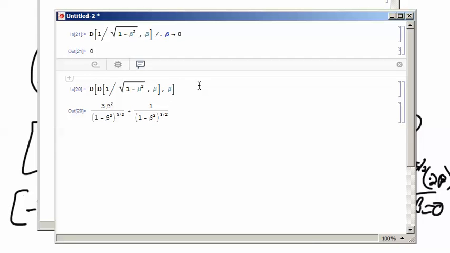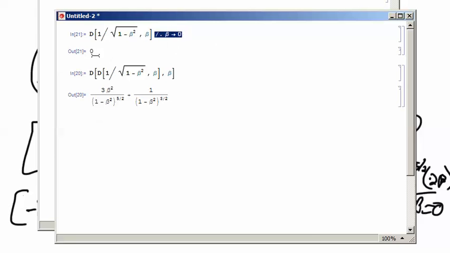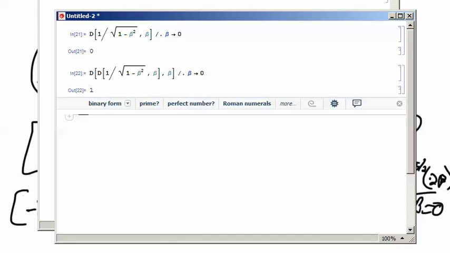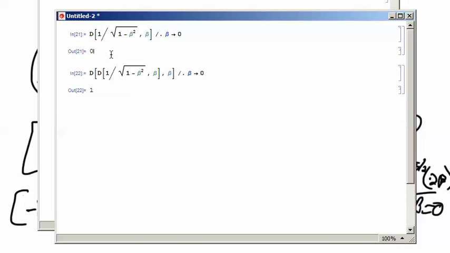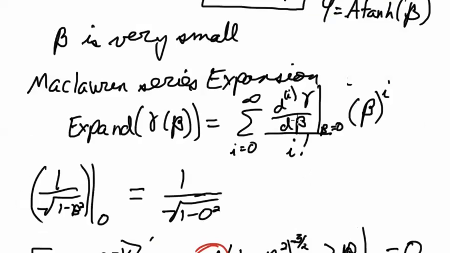Here is the first derivative after we put in beta is 0. And this format is a /dot, escape beta gets 0. Actually, that's not really the way you would ordinarily write gets. That's backwards. Anyway, we've got 0 and 1 for the first and second derivative.